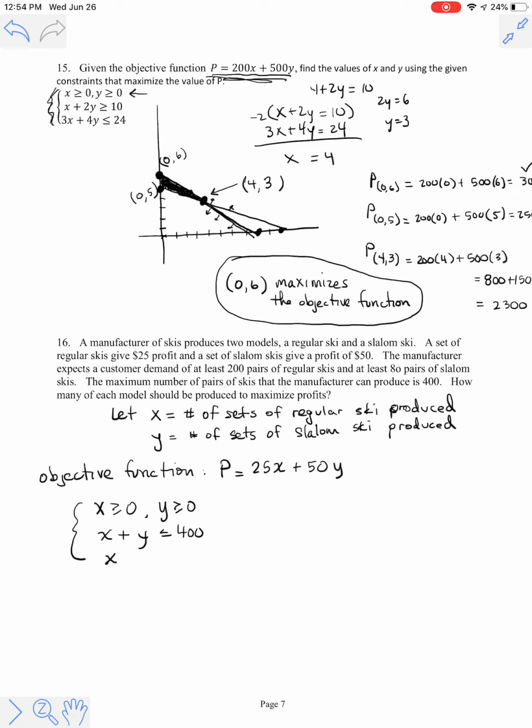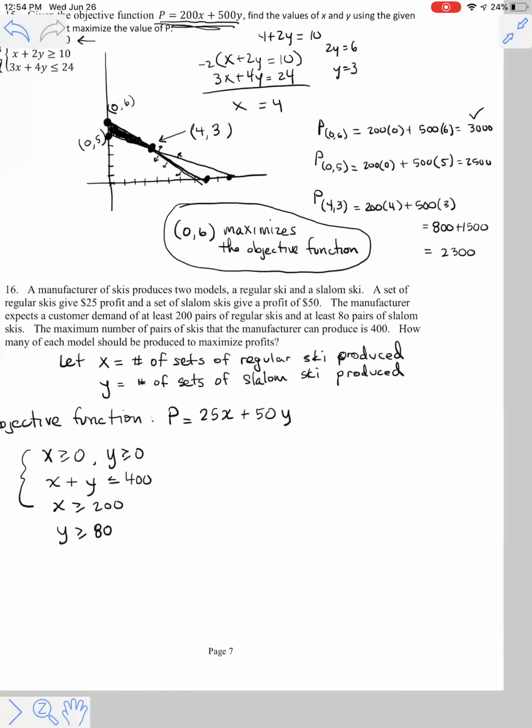Demand for regular skis is at least 200 pairs, so they've got to make at least 200, so x has got to be greater than or equal to 200, and then y has to be greater than or equal to 80 because demand for slalom skis is at least 80, so 80 or more. So those are our constraints that we're going to graph.